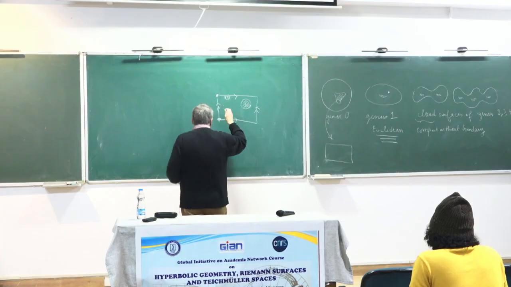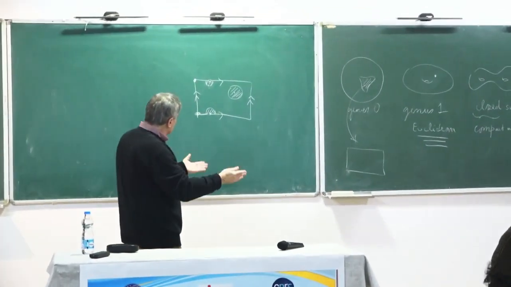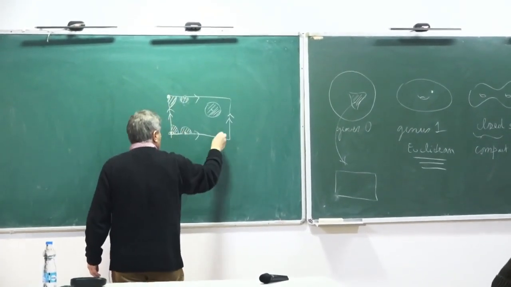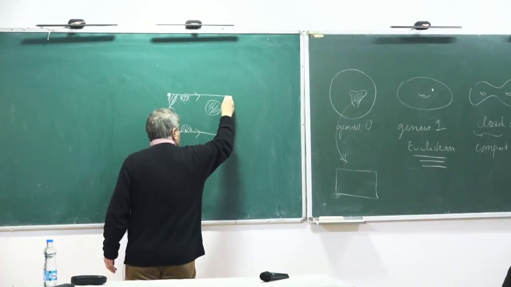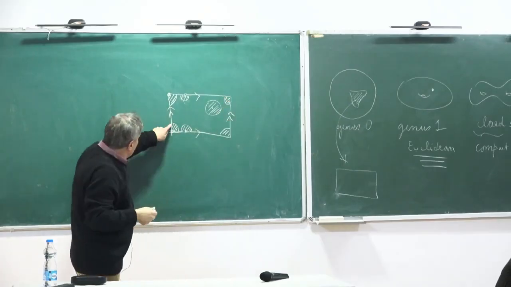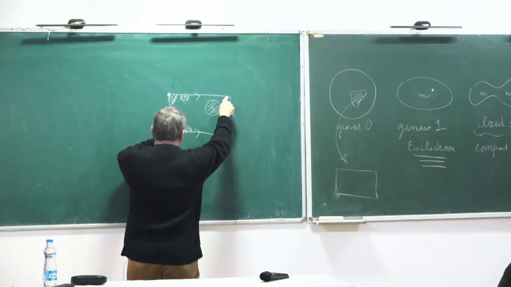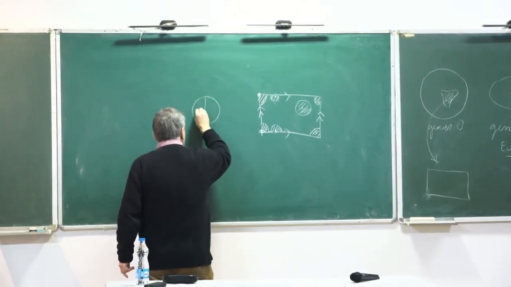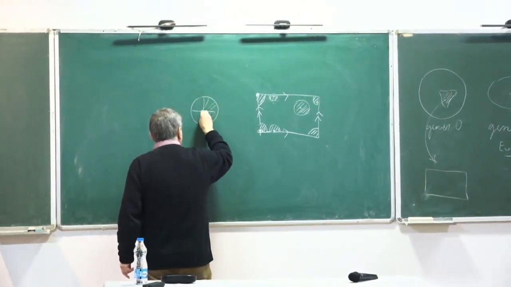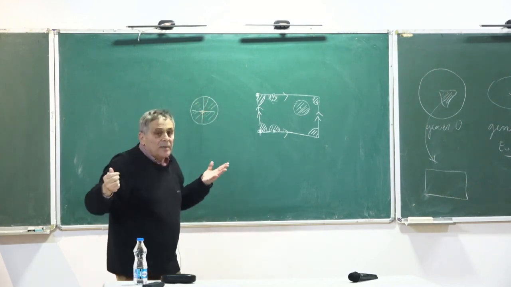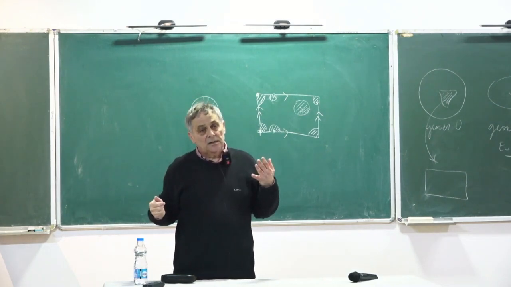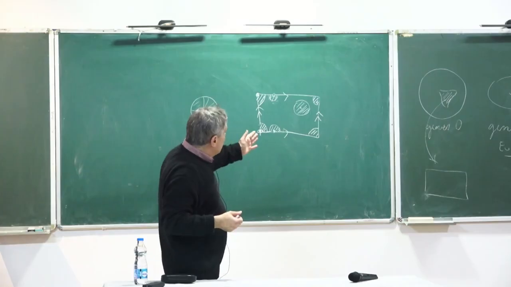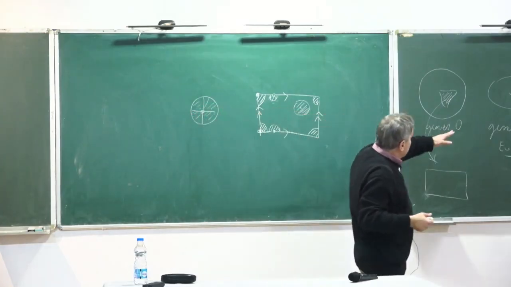A point on the corner, which I see abstractly as a point on the resulting surface, has a disk around it, which is the union of these 4 disks glued along. This is glued along this, this is glued along this, this is glued along this, and so on. So this point has a neighborhood, a disk around it, which is part of the Euclidean plane. Okay. This is what I mean by the fact that this is a Euclidean surface.